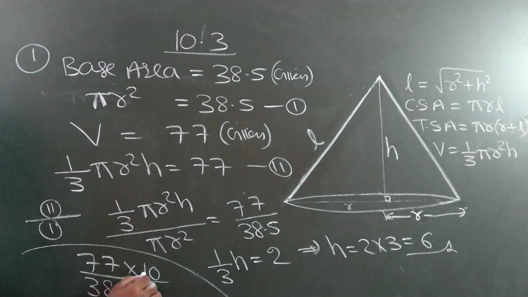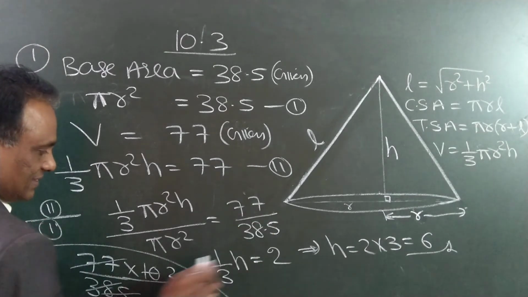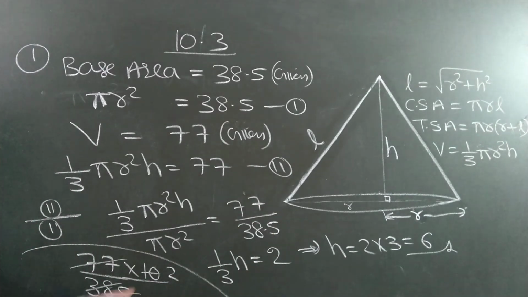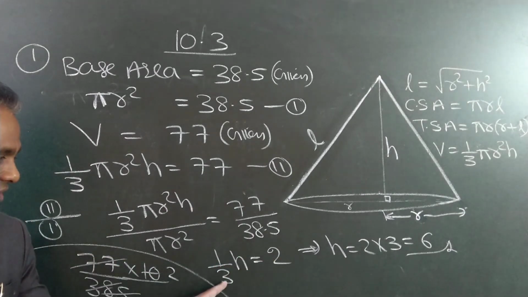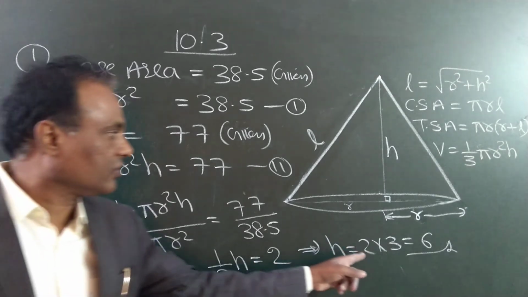Now 5 table: 5 2s are 10, 5 7s are 35. 77 by 385, 77 cancels, answer 2. So 3 that side, 2 into 3, 6.